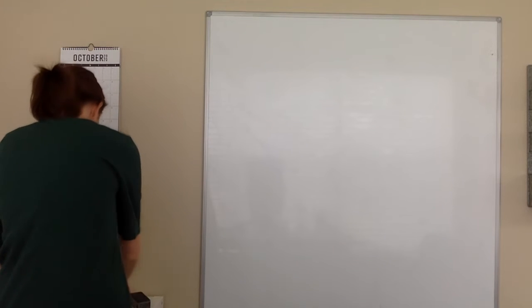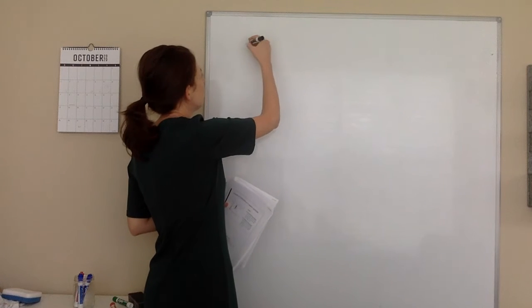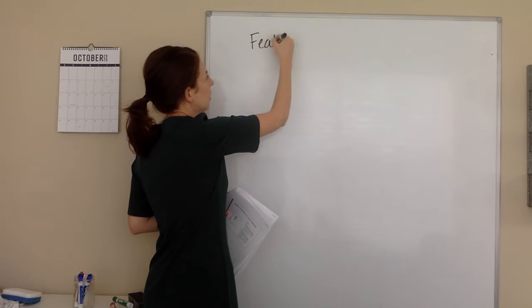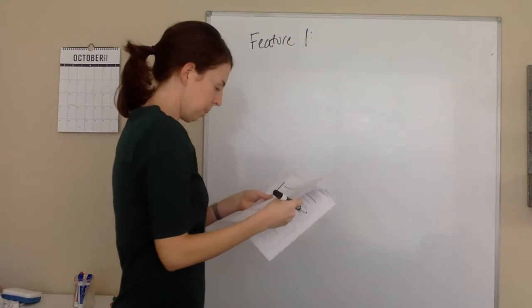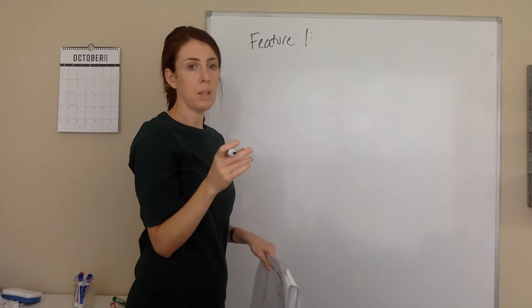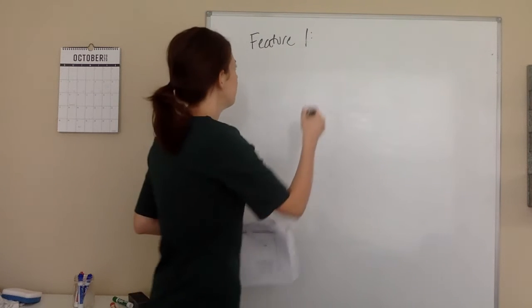The reason I note that is because the first feature of taxes, we'll call it feature 1, is that the tax burden in a market is going to depend on relative elasticities. So we're going to put this in our notes and then I'll explain.